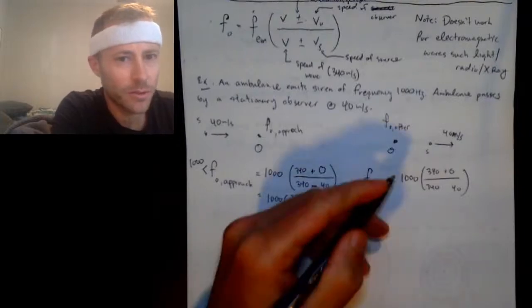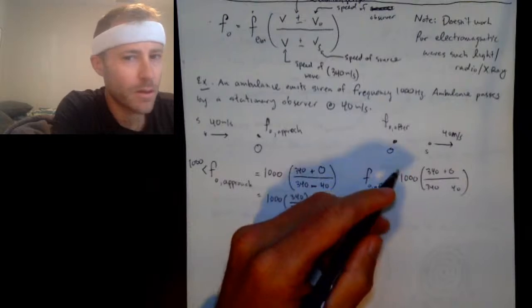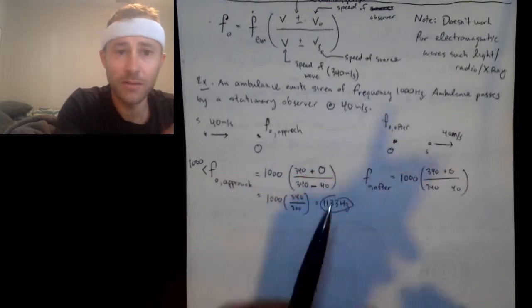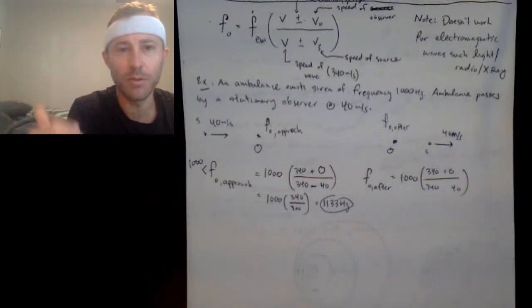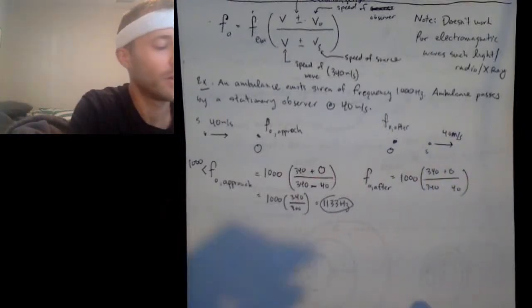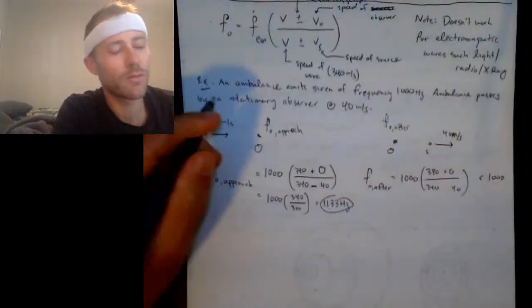Now afterwards, the source and the observer are getting further apart. So the observed frequency should be shifted below 1,000 hertz. This is going to be less than 1,000 hertz.